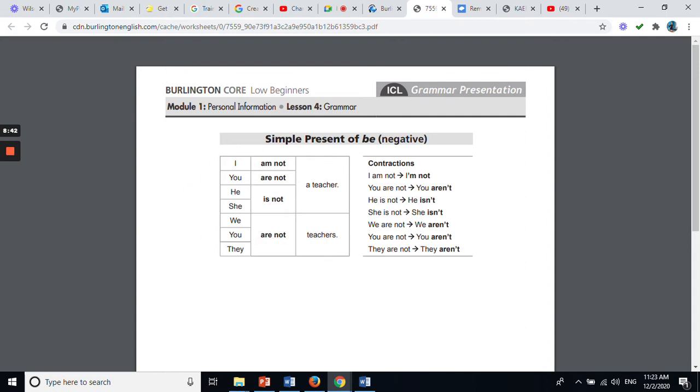You can put simple present of be negative, and then copy these rules in your notebook, since I'm going to collect these packets soon. So you put them in front of you and then you write them down in your notebook.